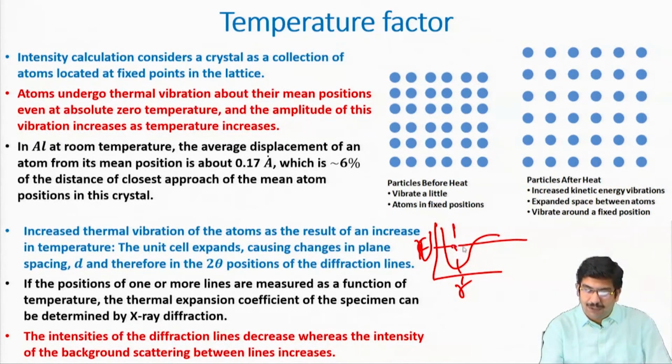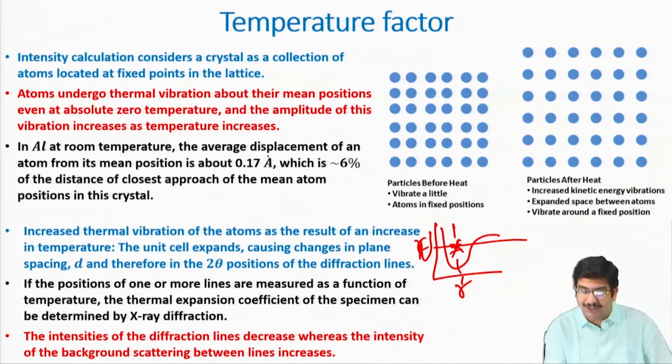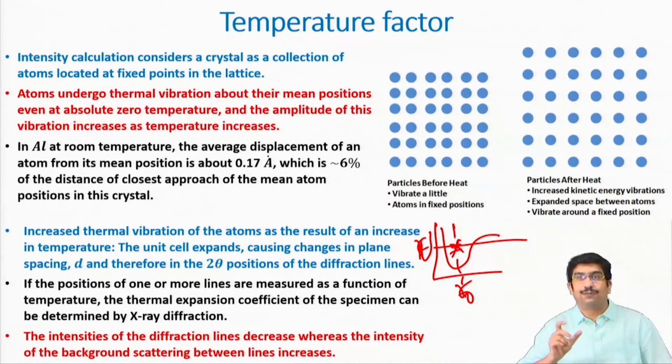This is the mean position, and this distance is almost 6%. At room temperature, the atomic vibration is almost 6% of this equilibrium distance. That much change in the atomic position can happen just by increasing the temperature from absolute zero to room temperature, 273 Kelvin.